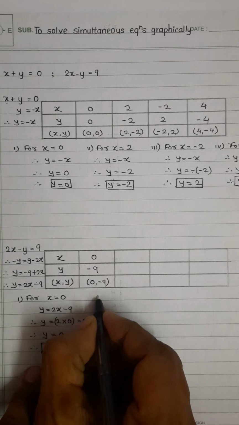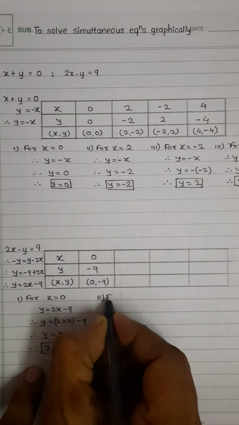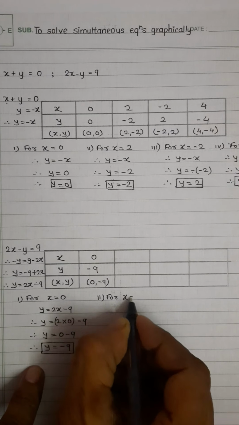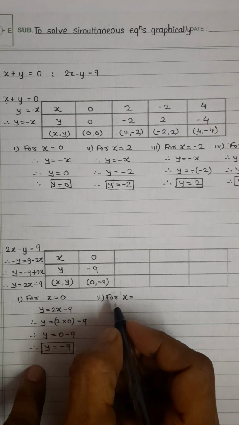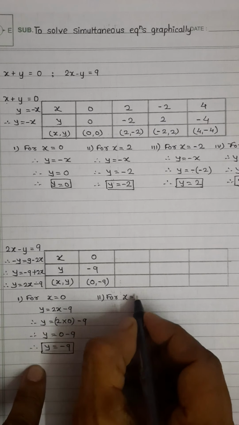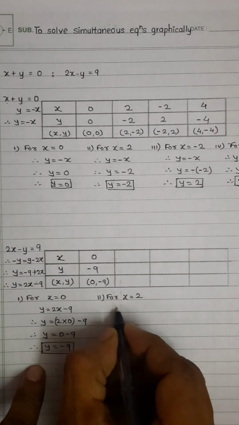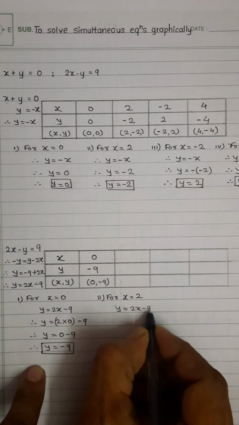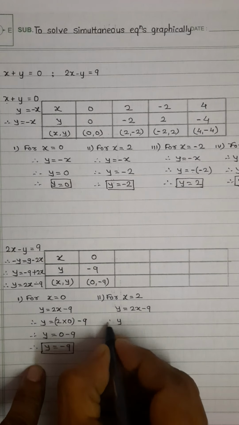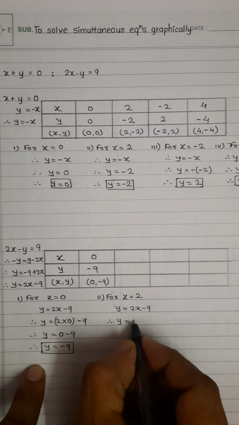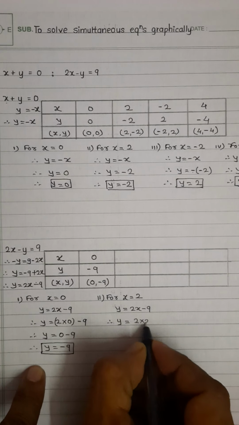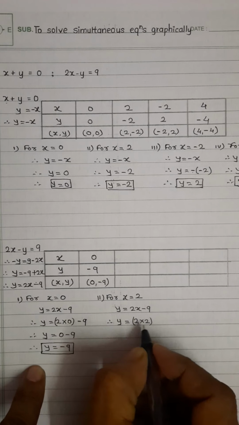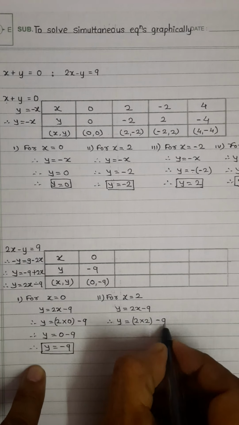Let's take the second value for x. We can take 2. Therefore, write down the equation y is equal to 2x minus 9. Therefore y is equal to 2 into (2) minus 9.